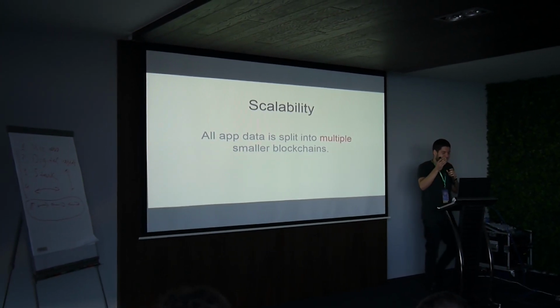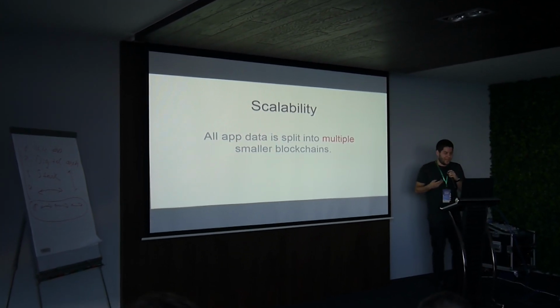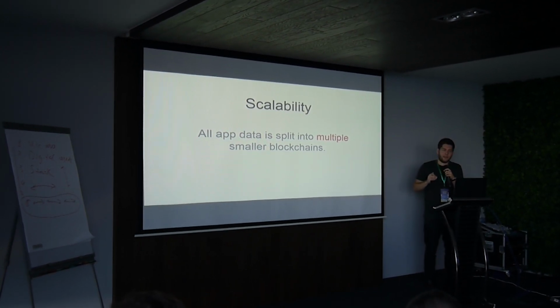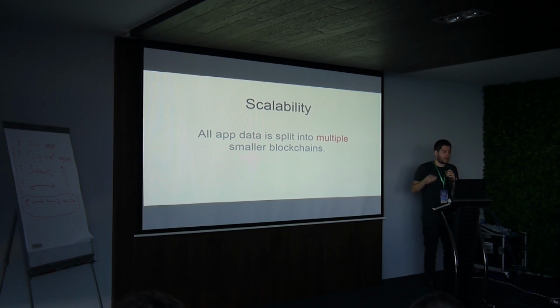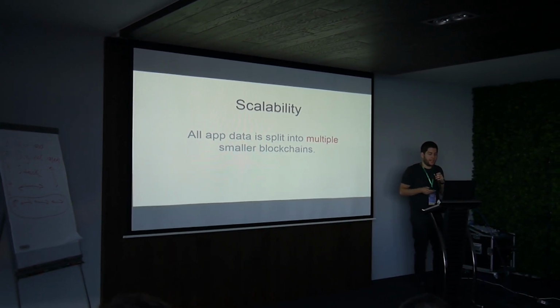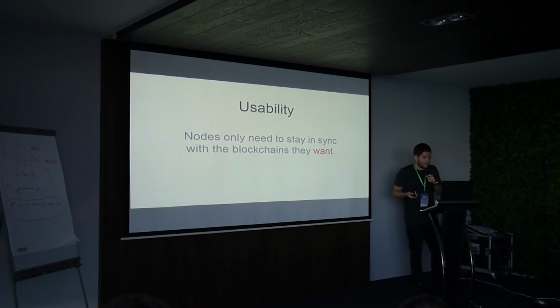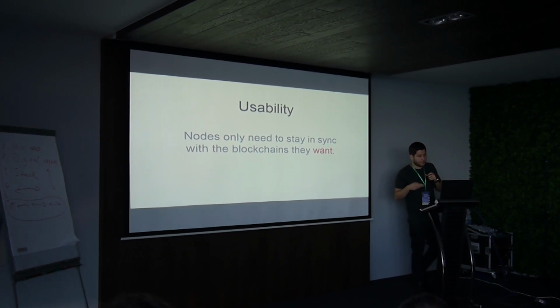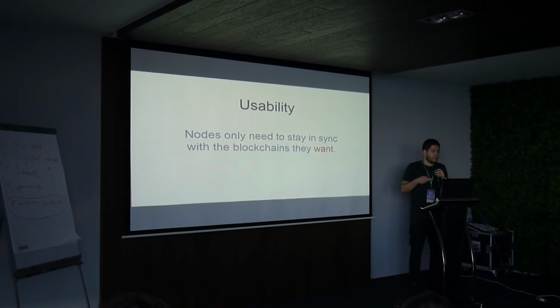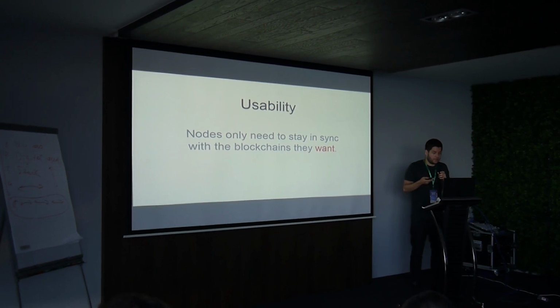Even if Giacomo said it isn't, in my opinion, this is a huge first step towards scalability, because all app data is split into multiple smaller blockchains, right? And another one is usability, because the nodes only need to stay in sync with the blockchains they want. You don't need to sync hundreds of gigabytes of data if you don't want to.